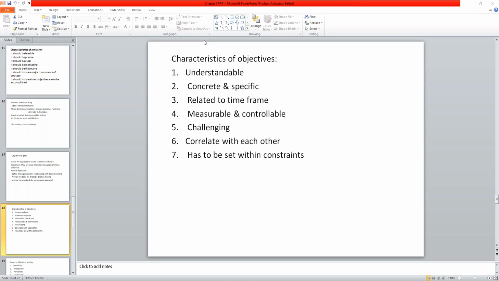That's why it's the role of the managers to make the employees aware of the objectives set by the organization and the minute details about how they should be achieved.